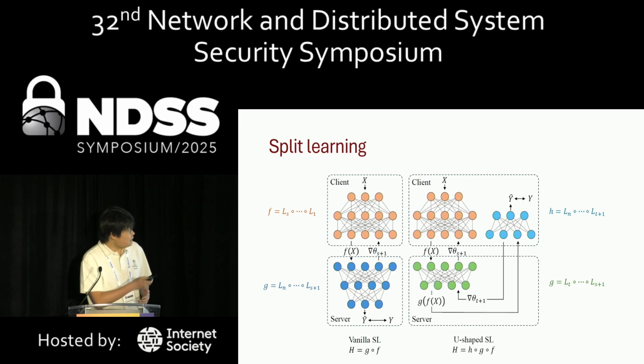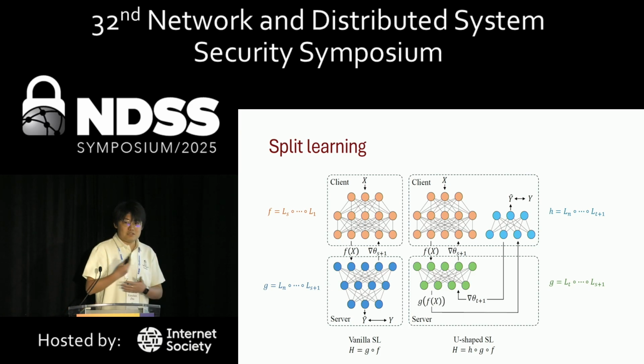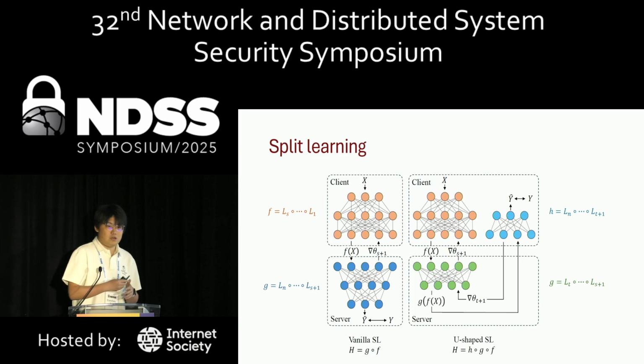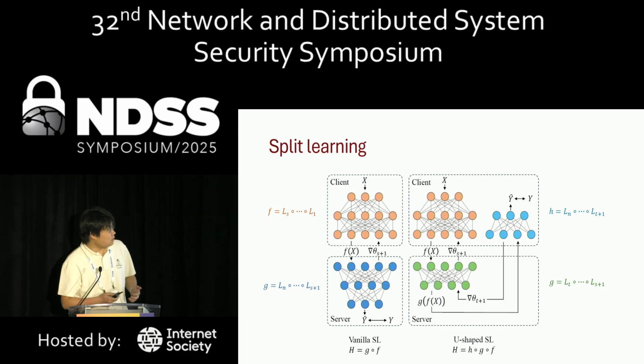Both cases can work with multiple clients, but today we are going to talk about a malicious server's privacy attack on the client's data X and Y. In that case, from the server's perspective, its interaction with all the clients would be the same as if they were one virtual client. So we're just going to stick with this model, which looks like one single client.